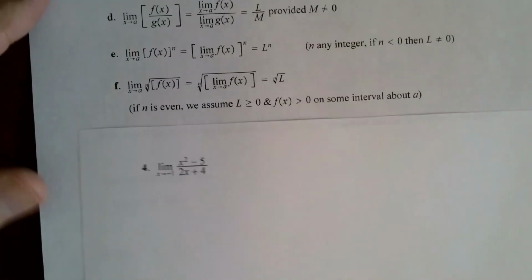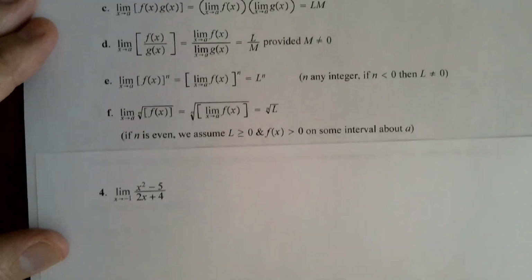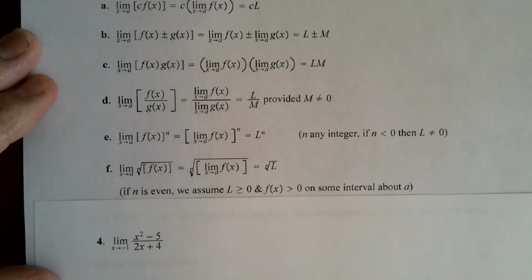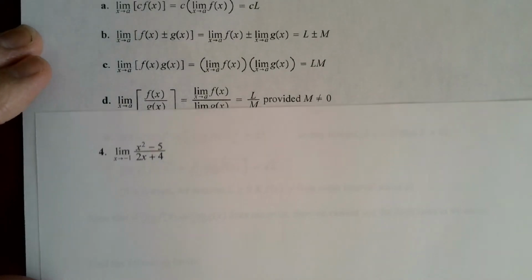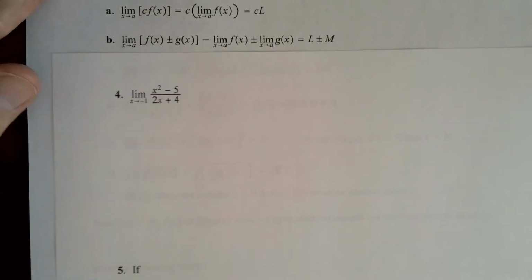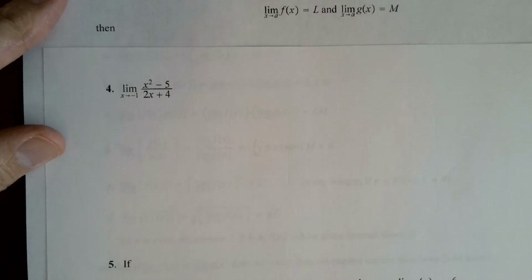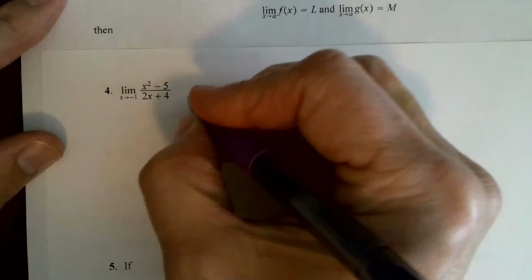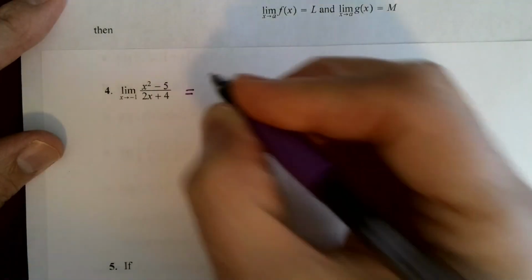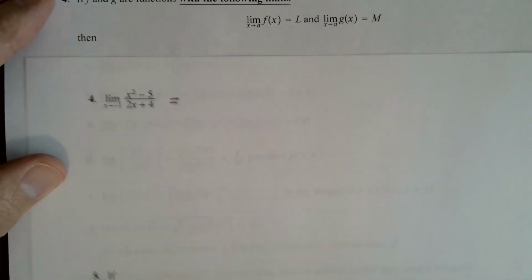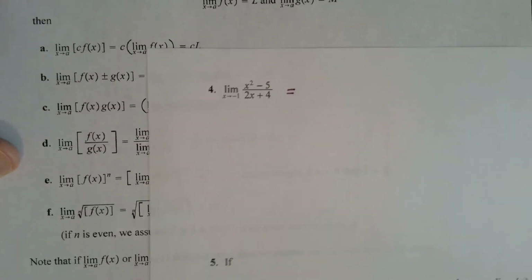Now I'm going to make use of basic limit law number 4 on this one. And I'm going to do it in all of its wondrous glory, each step by step. In the future we won't need to do all of this, but I do want to show you how all these limit laws come into play here.